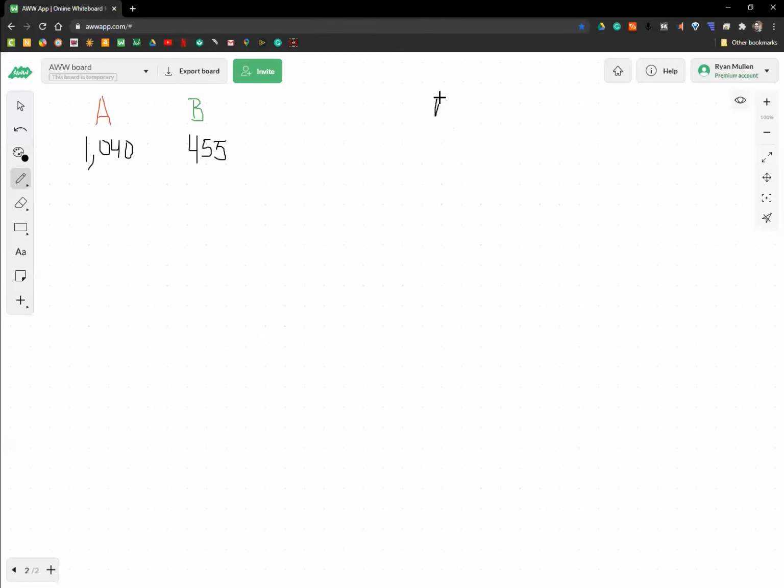A is equal to number 2 divided by GCF, and B is equal to number 1 divided by GCF, just so we remember our rule.